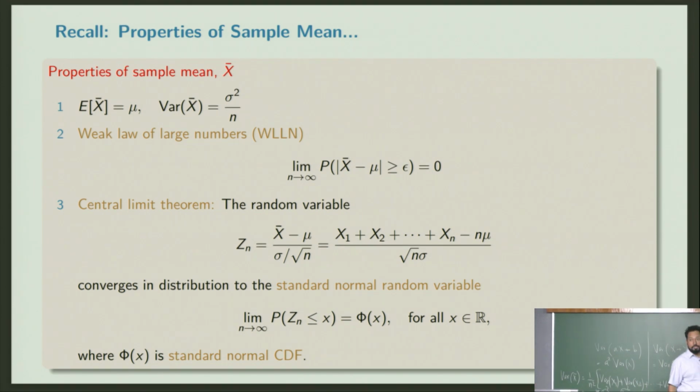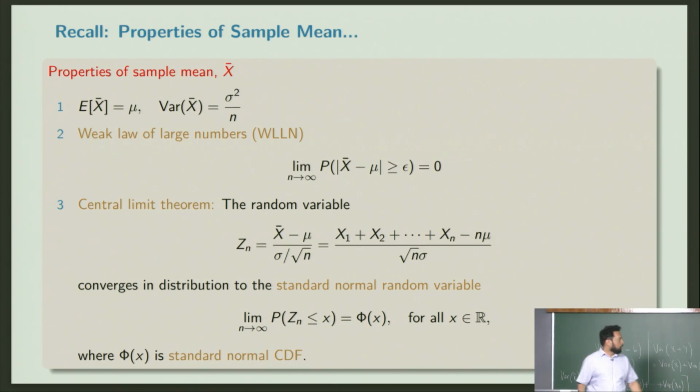What is interesting is that if I make a sample mean, for example of the height of students in this class, which may follow some distribution that is not necessarily normal, you collect the sample, compute the sample mean x bar, and scale it. You subtract the mean and divide by sigma over square root of n, where n is the sample size.